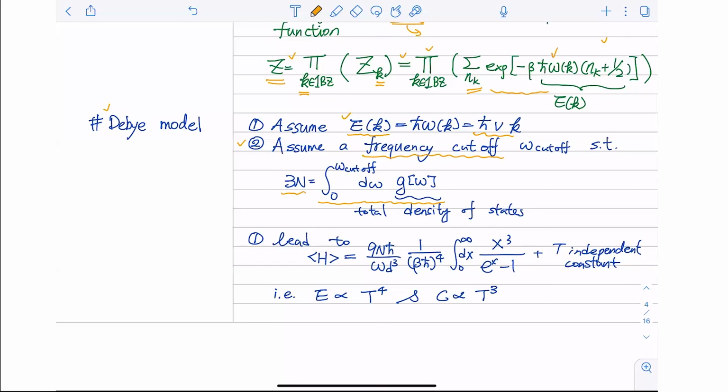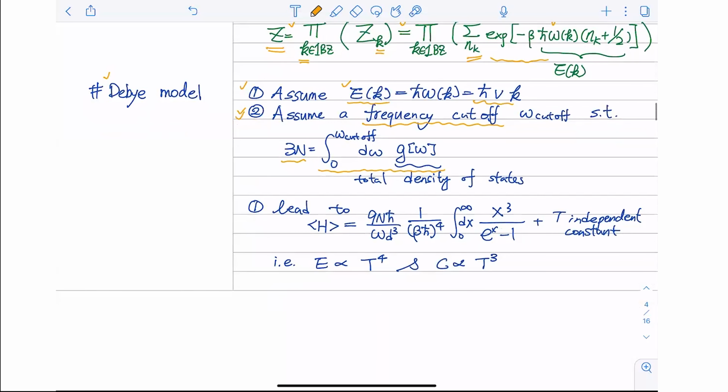Okay. A little bit later, we'll see that condition 2 is actually a reverse engineering process, and condition 1 actually will lead to a very interesting result.